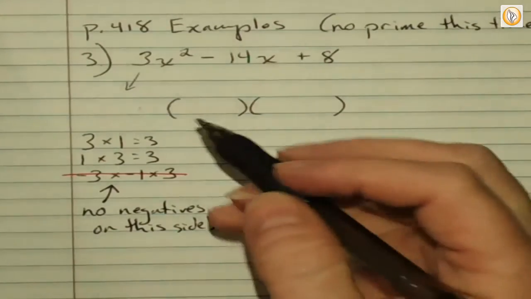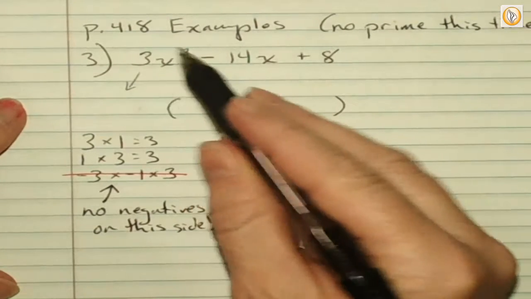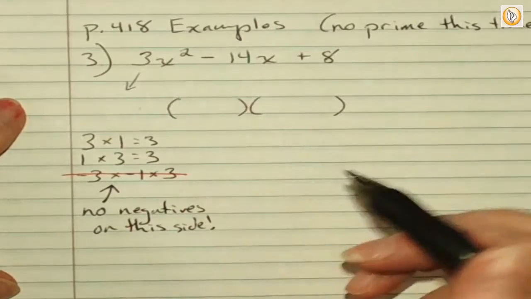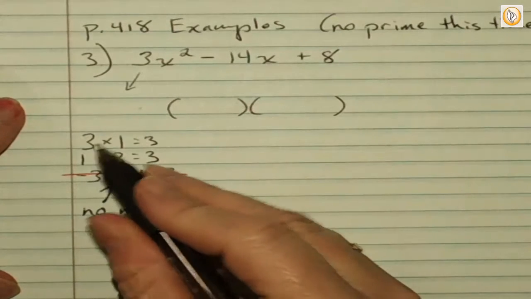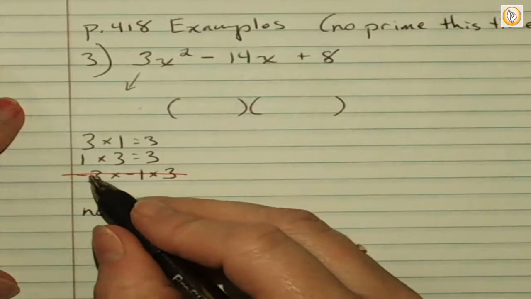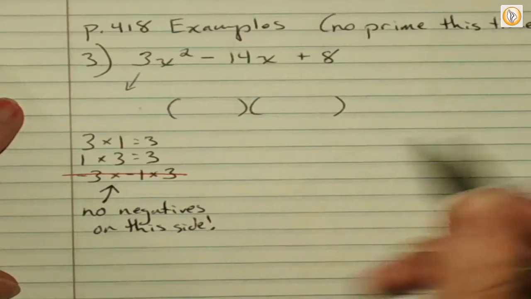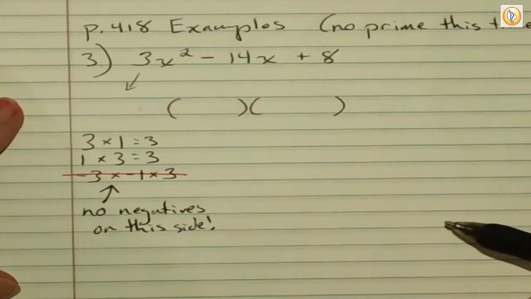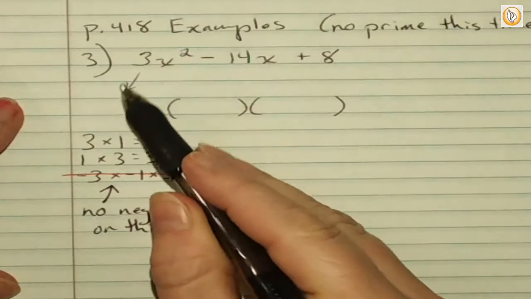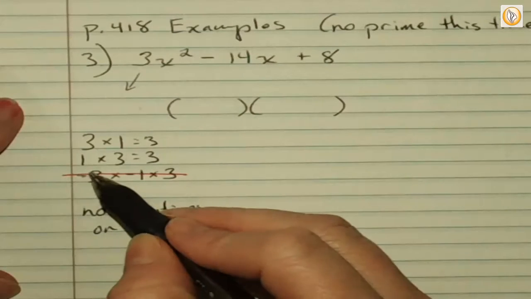All right. What I'm saying is, on this side, this term right here, remember yesterday we could do 3 times 1, 1 times 3, -3 times -1, -1 times -3, blah, blah, blah, right? That's for this term over here. For this term, no negatives.